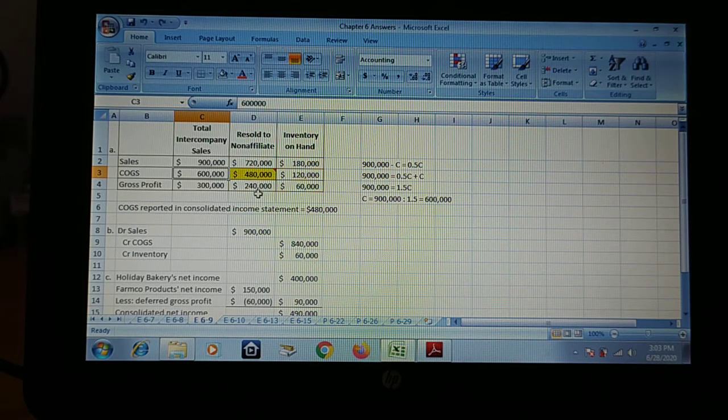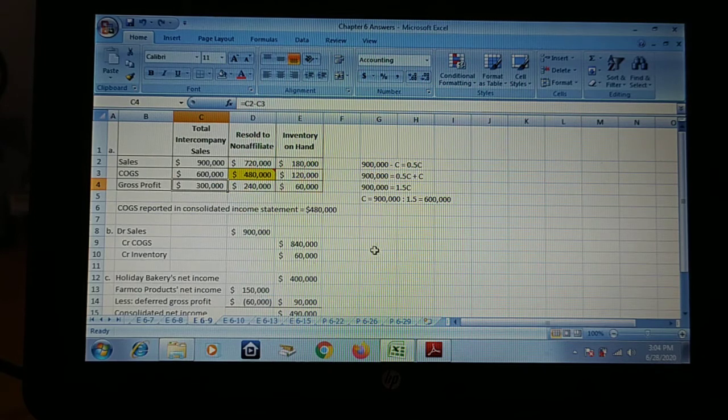The gross profit is 900,000 minus 600,000, which gives 300,000, or it's 50% of the COGS, which is also 300,000. After that you can calculate the gross profit percentage markup on sales. It is simply 300,000 divided by 900,000 times 100%, and you will get 33.33%.